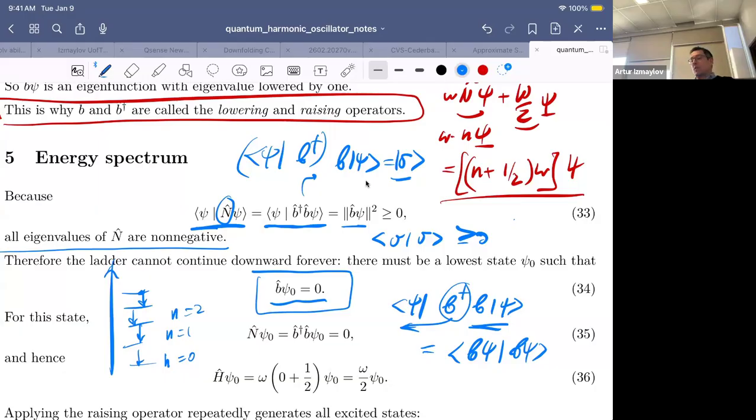Now, this is a big achievement. It turns out that if we go back to coordinates and momentum and differential equations, this equation is much simpler to solve than the original one. So that's the whole idea: with these algebraic relations, we found an equation that is easier to solve.